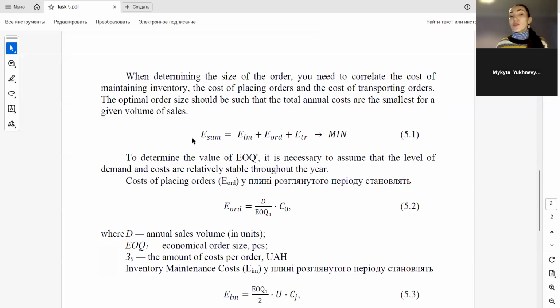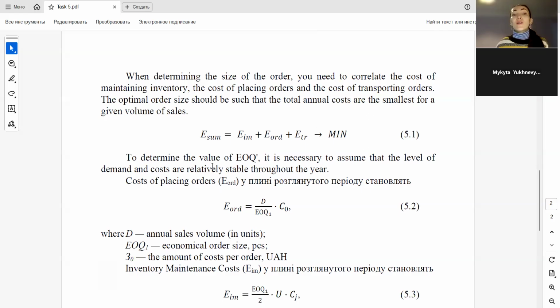So what we need to find today in this task is the total sum. It is the total cost for all operations that we need to do in our task, and it contains three parts, and we need to think about the minimum of this cost.